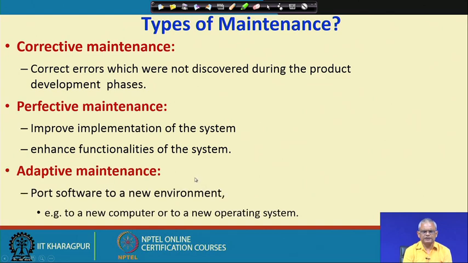And the third type of maintenance is adaptive maintenance. In adaptive maintenance, the software may be required to work with new hardware, maybe the company procured a new server and it has to be installed on that, or maybe there is a new operating system on the new computer, and the software needs to work with the new operating system, and therefore, the program may have to be changed a little bit.